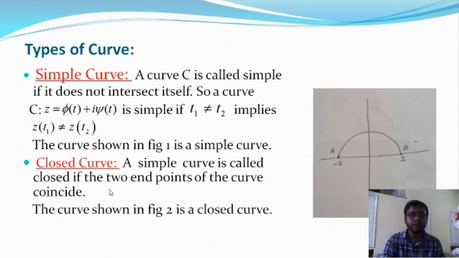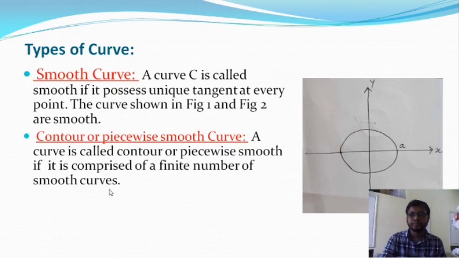But the hyperbola, that is x square by a square minus y square by b square is equal to 1, represents a simple curve where the beginning and end points are not equal. Looking at the figure, this is actually the closed curve, where the beginning and end points coincide.